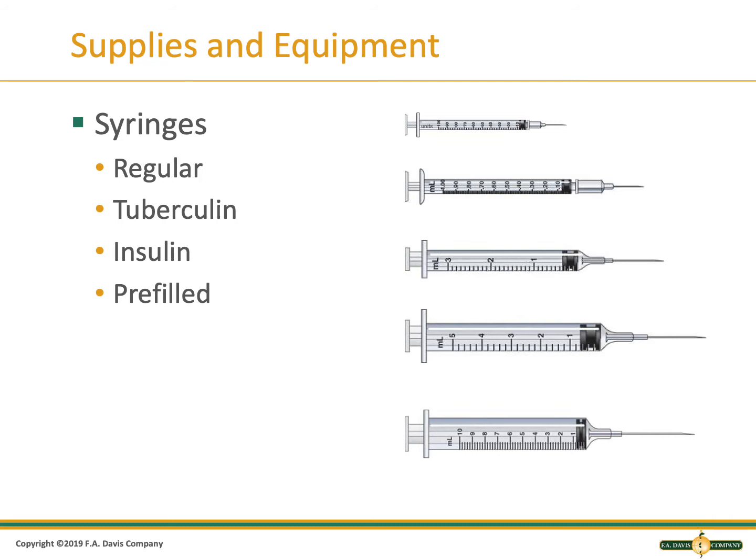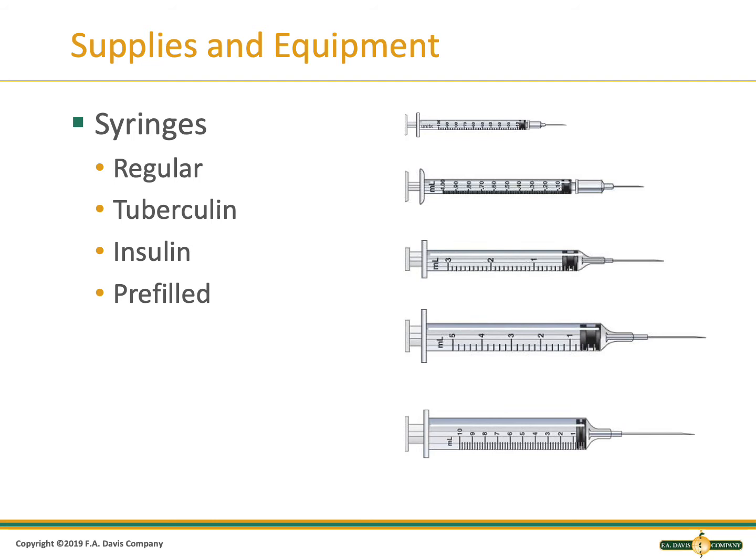They hold only a total volume of 1 ml, and they're calibrated in tenths and hundredths of a milliliter. And then the insulin syringe, of course, is similar in size to the TB syringe, except that it's calibrated in units of insulin and used only for injecting insulin.